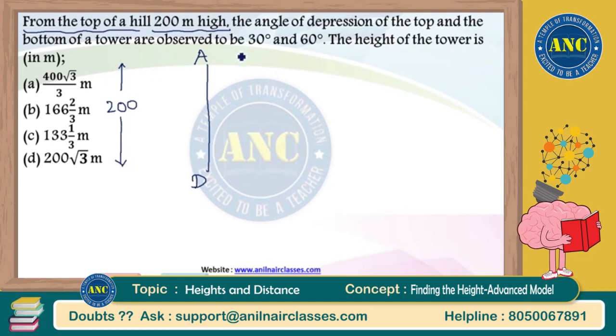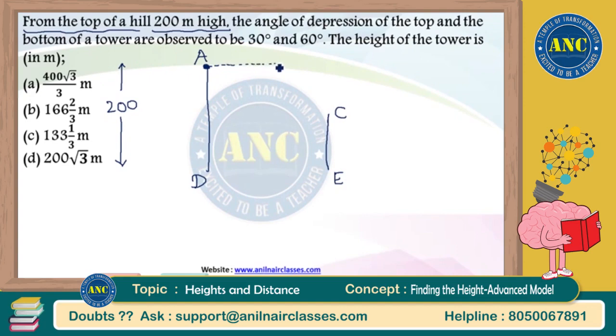Now, from the top of the hill 200 meters high, the top of the hill is A. The angle of depression of the top and bottom of a tower are observed to be 30 degrees and 60 degrees. There is a tower. I will call this tower CE.